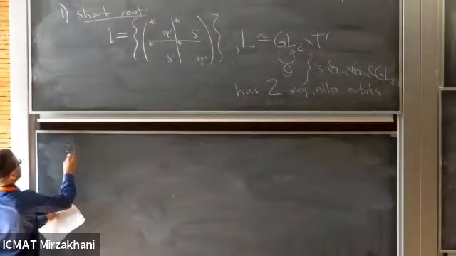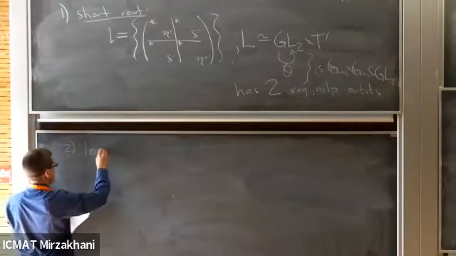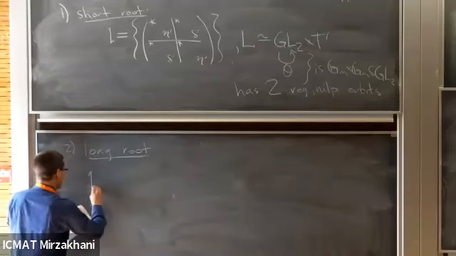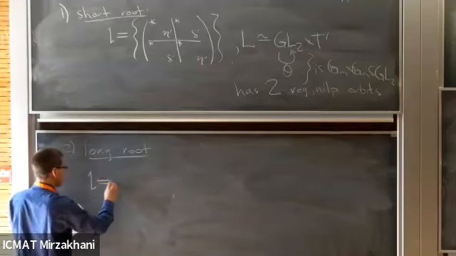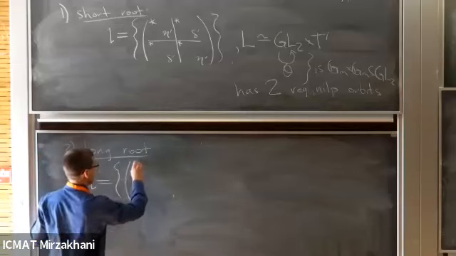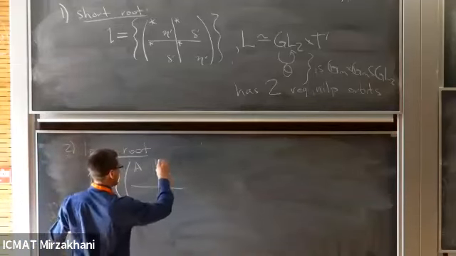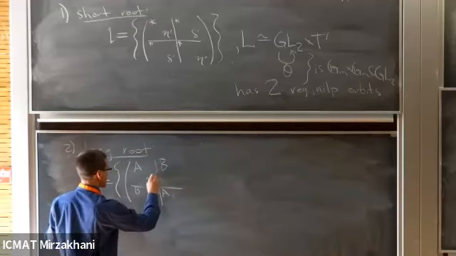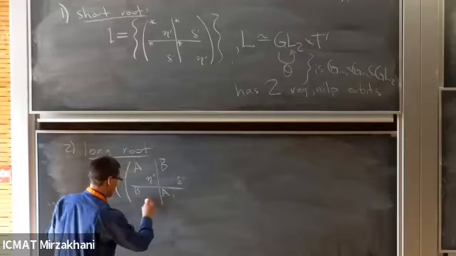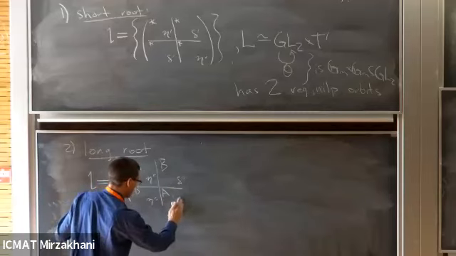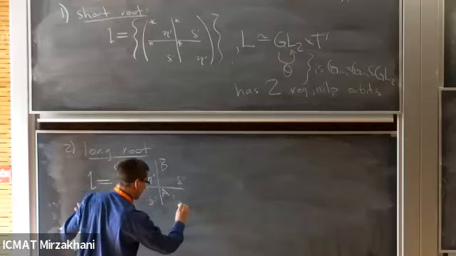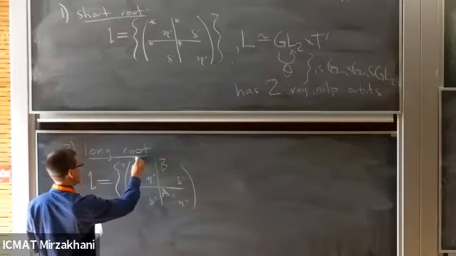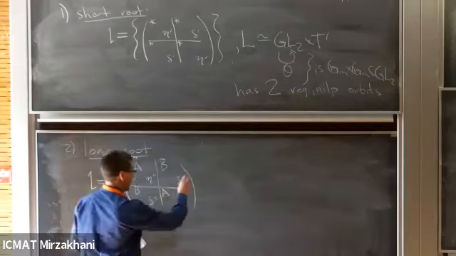And the second one gives me the orbit for the long root. I get some Lie algebra, which again, up to conjugacy, is going to look like some A, B, A, together with some torus part, smaller rank. So, sorry, delta, beta. And the point here is that these A's and B's are now 2 by 2 matrices.